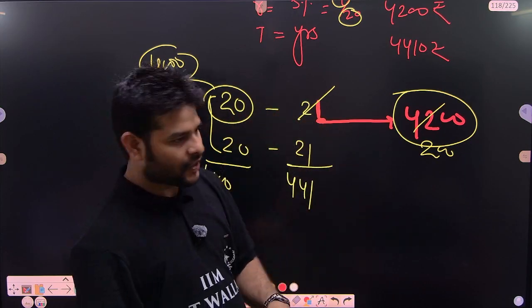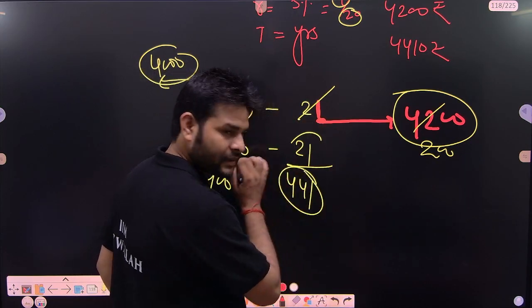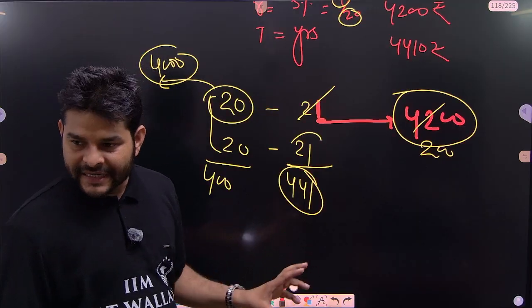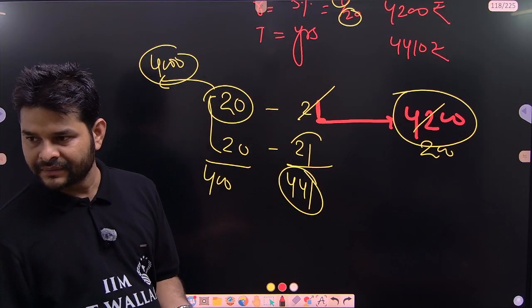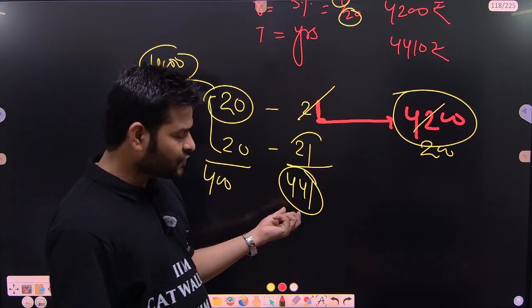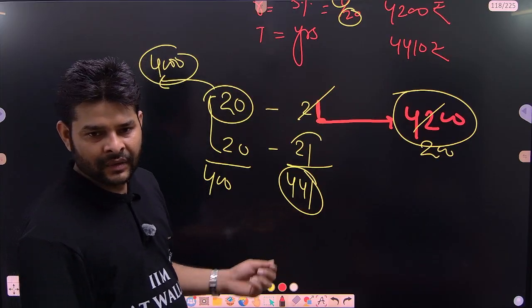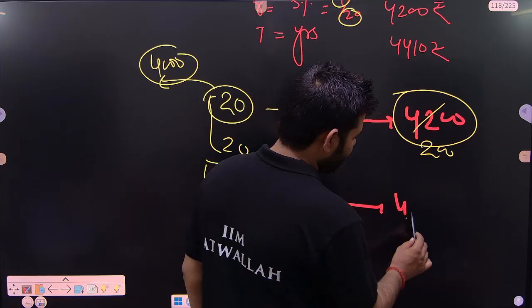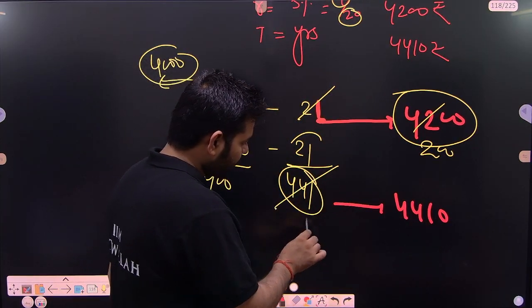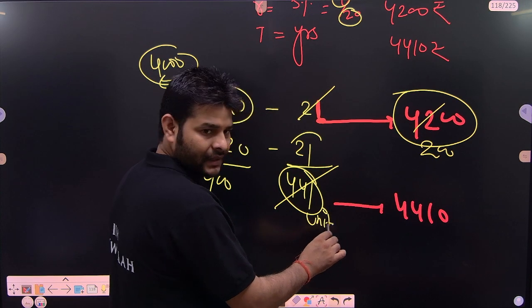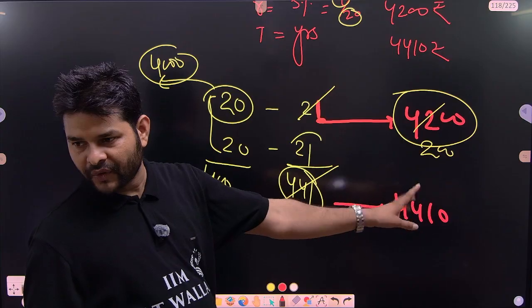In the second installment, this is the second installment. In the third installment, the multiplication of these three values would be the third installment. In the second installment, he paid 4,410, and this 441 units will represent 4,410.